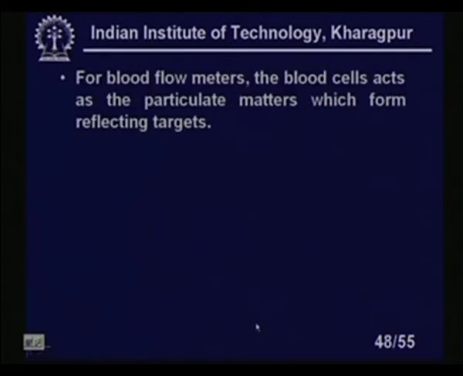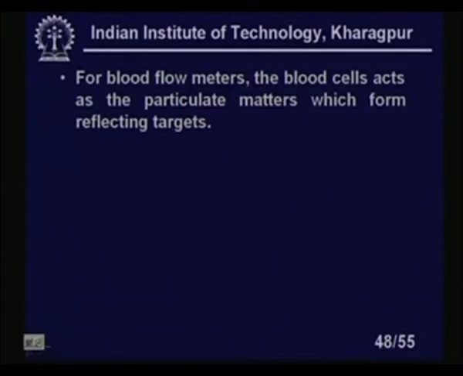For blood flow meters, the blood cells act as the particulate matter which forms the reflecting targets, right. Because as you know, the transit time flow meter is basically used in the case of clean liquid, whereas the Doppler shift flow meter will not work.